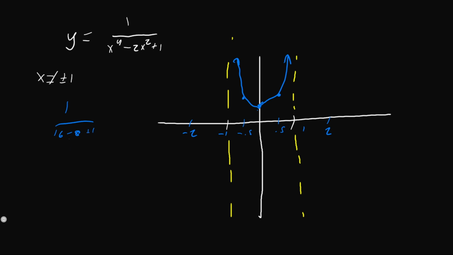That's going to give us 1 over 9. So we have 1 over 9. And we also have the same thing here. And we're going to look at 3 to see how it's going to behave. So we have 1 over 81 minus 18 plus 1, giving us 82 minus 18 being 64. So we have 1 over 64, which is so close to 0.